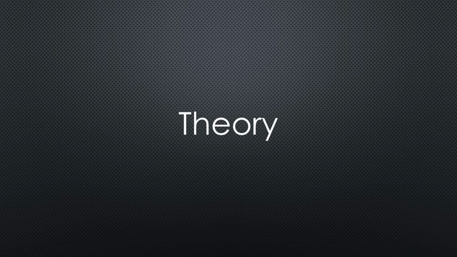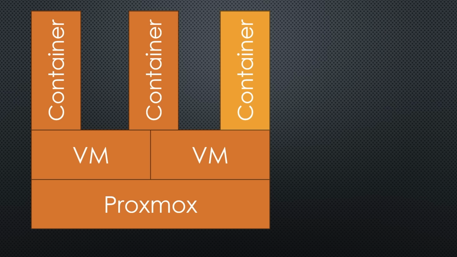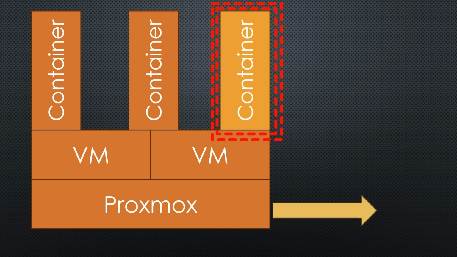Before starting the project, I had to solve two particular problems. Problem number one, serial ports. As I mentioned in my previous video, I run AI development inside containers in a virtual machine, because I want the AI to have full access to the development environment, but not to my main computer. Unfortunately, my Proxmox server only has one serial controller.